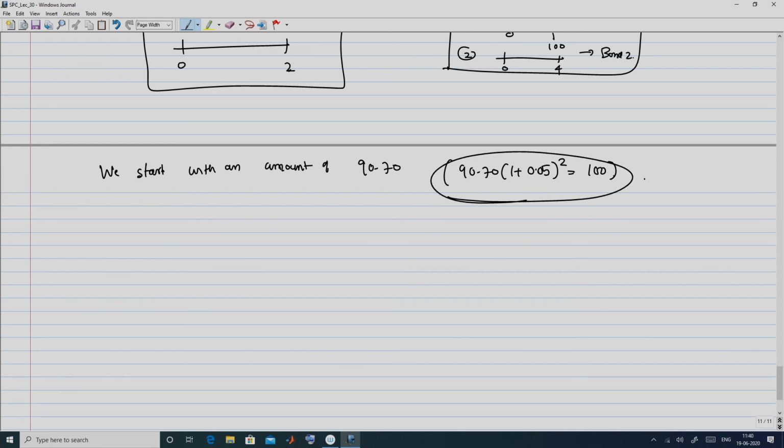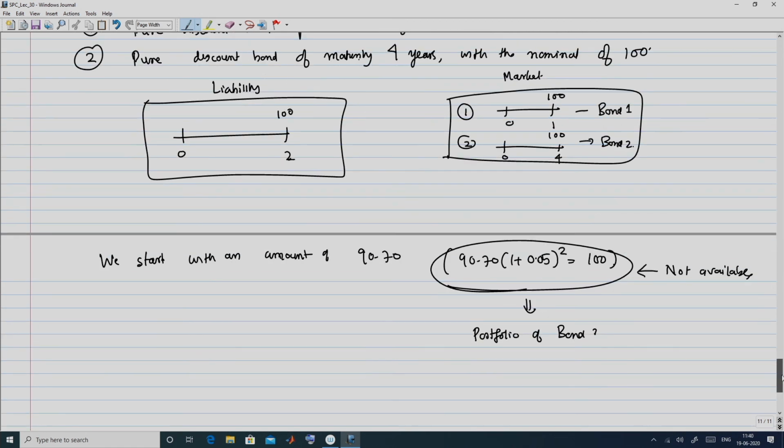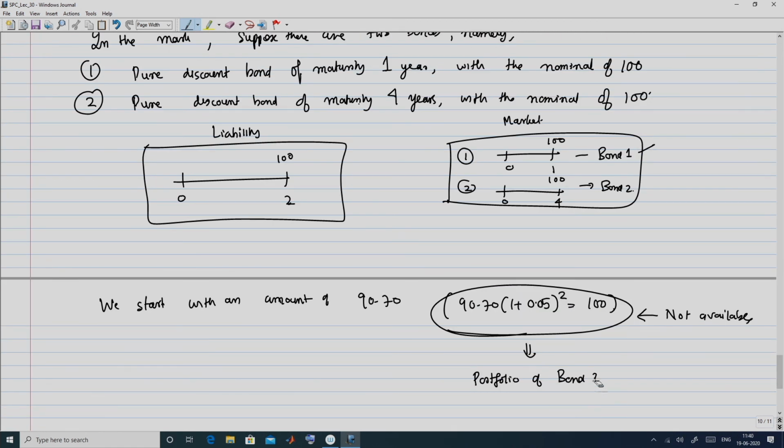But unfortunately, this kind of bond is not available, and so I have to create a portfolio of bond 1, that is this bond, and bond 2, that is this 4-year bond.